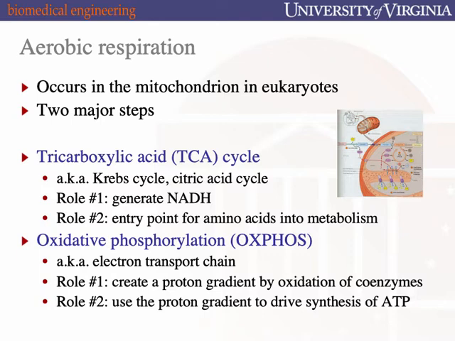The second portion of aerobic respiration is called oxidative phosphorylation. Another synonym for that is the electron transport chain. It's called that because this is the portion of aerobic respiration where we cash in all of the electrons stored up in reducing equivalents such as NADH.